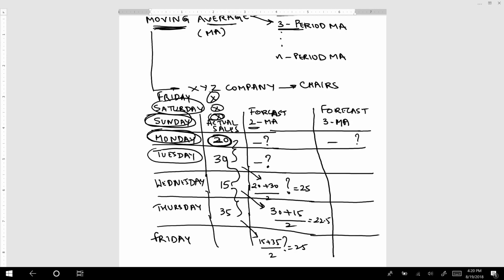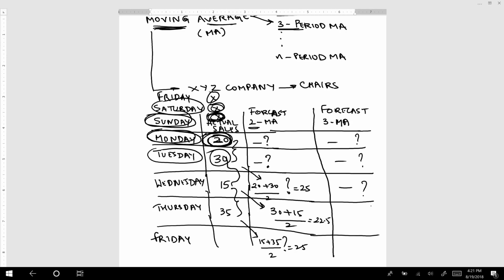So we can't calculate this. Similarly, for Tuesday, we have Monday's actual value, but we don't have Sunday and Saturday, so we are not able to calculate. For Wednesday, we have Tuesday's and Monday's actual values, but Sunday we don't have. We are not able to calculate that.